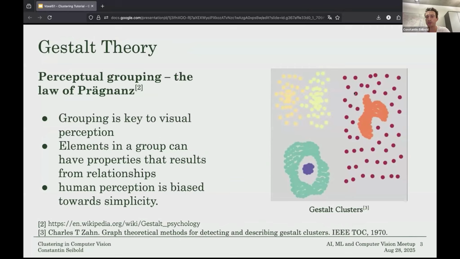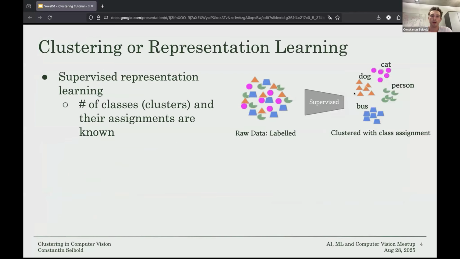In the example image on the right, you have the basic ideas of Gestalt clusters, where many people have looked at and considered the group based on the color groupings, the different points belonging to the same identity. And this is also similar to general human perception, which is targeted towards simplicity.